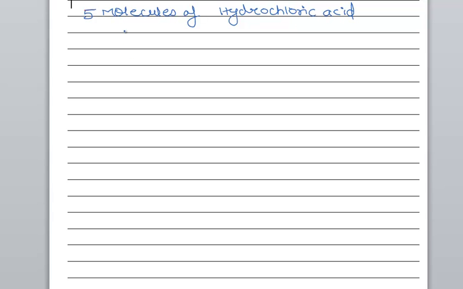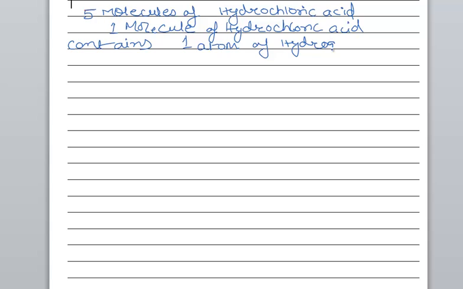Now, 1 molecule of hydrochloric acid contains how much? 1 atom of hydrogen and 1 atom of chlorine.